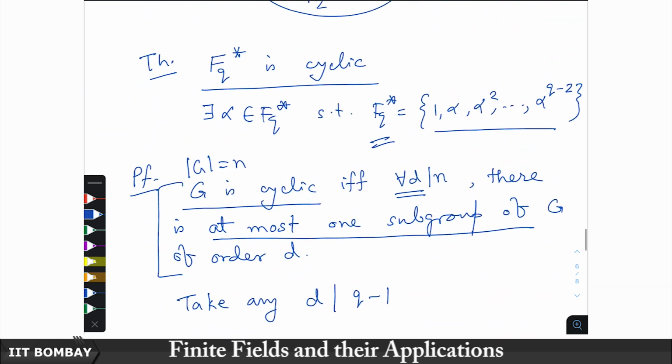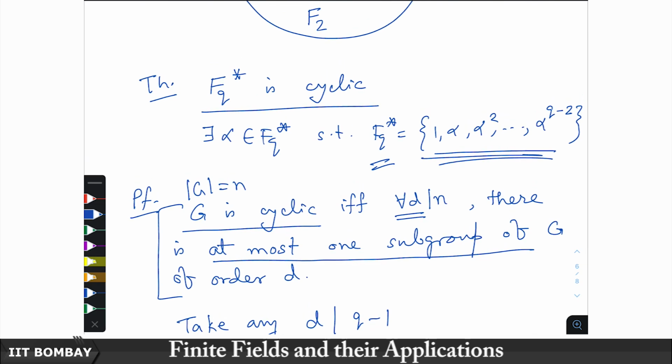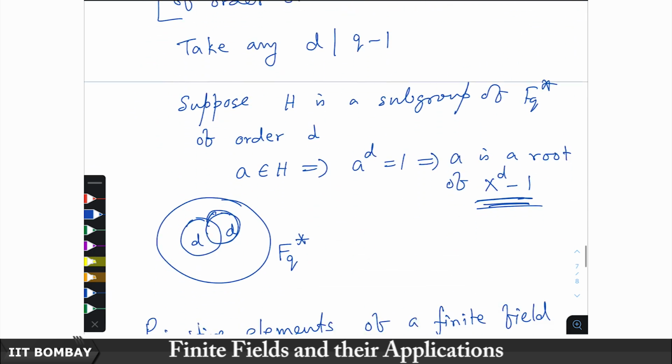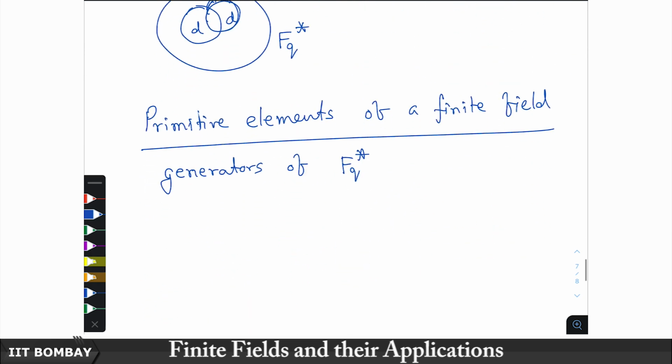The elements like alpha that we talked about, alpha is called a primitive element of F_q. So, all the powers of alpha and 0 are the elements of that field. All the non-zero elements are powers of alpha.